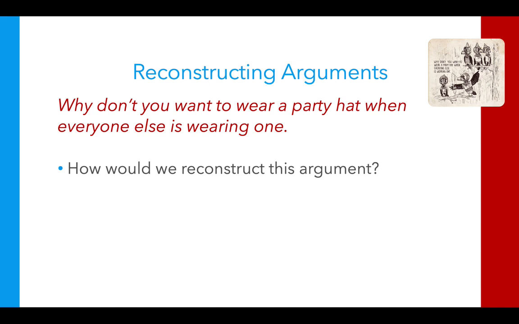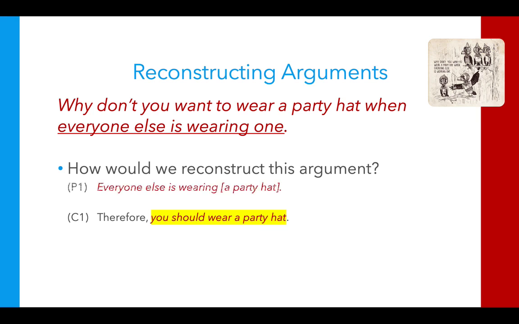What's our evidence? Well, it's that everyone else is wearing one, that you should want to wear one, or you should be wearing one. So sometimes the conclusion can be implicit, and that's what happens here. So you should wear a party hat. That's the conclusion. What's the premise? Well, it's that everyone else is wearing one.